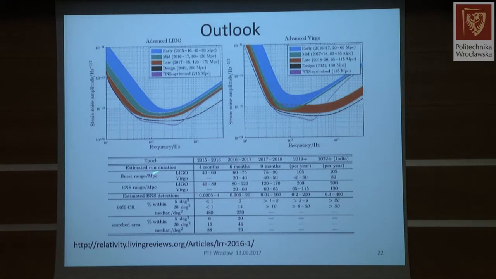Here you see some of the estimates. For example, a very important question is the detection of binary neutron stars. And as you see, these are the predictions, and these predictions are uncertain.